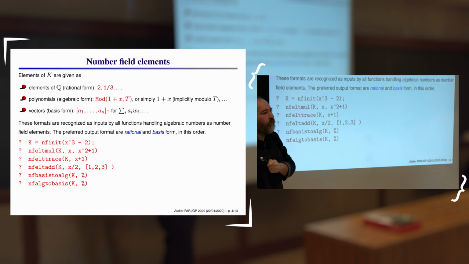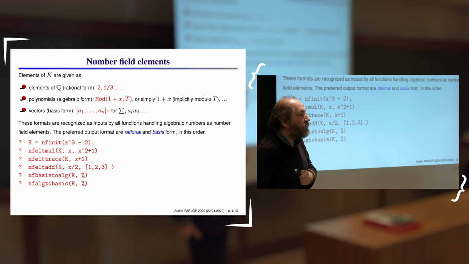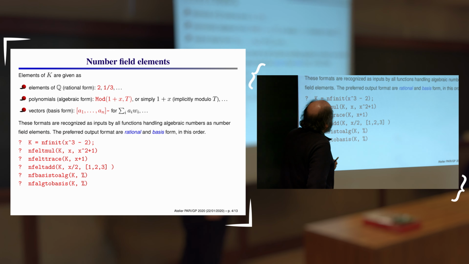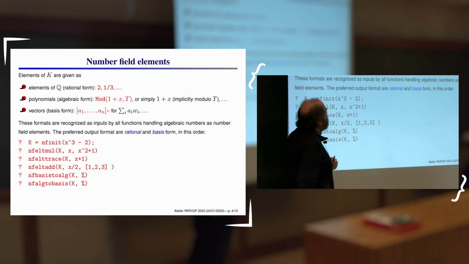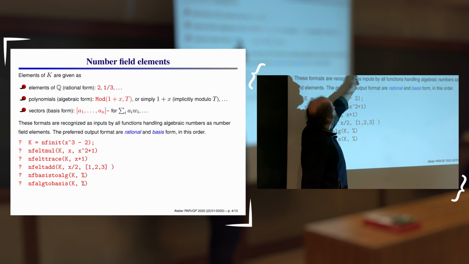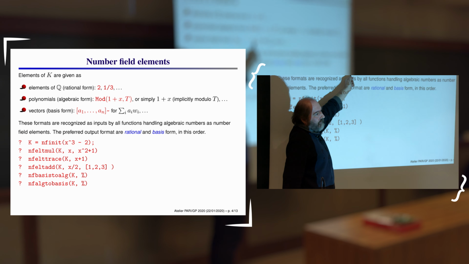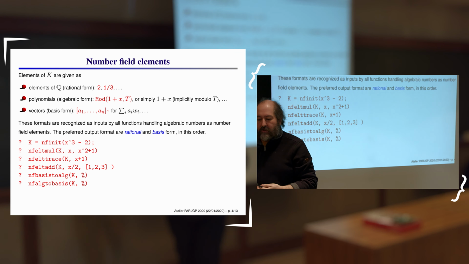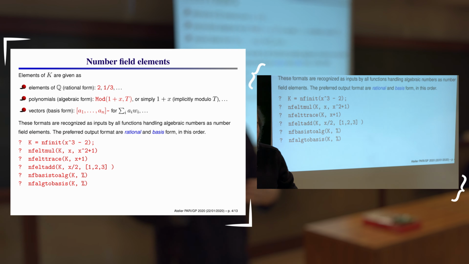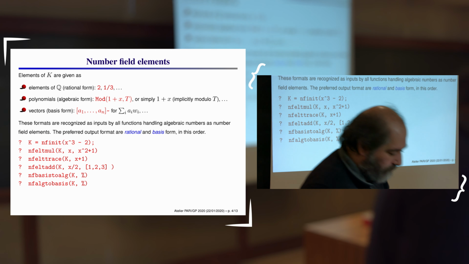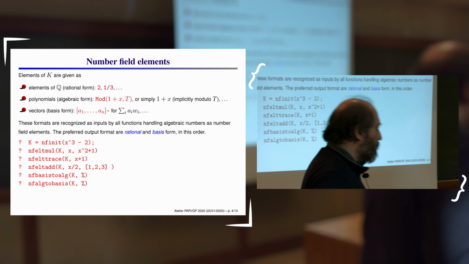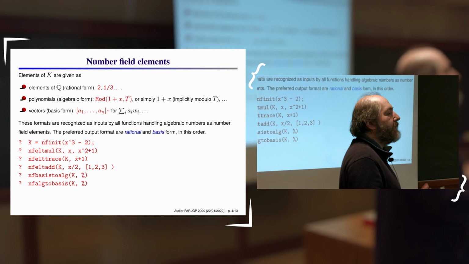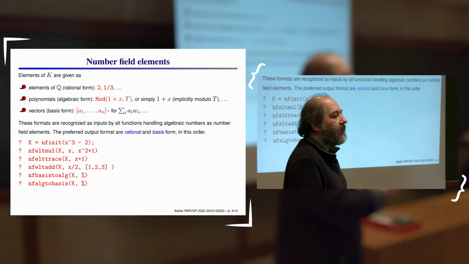And by default, the functions handling algebraic numbers will try to return elements in this form. This is the preferred form because the basis for the ring of integers has been somehow minimized. Some optimization has been performed on the chosen basis. We don't pick some random basis.